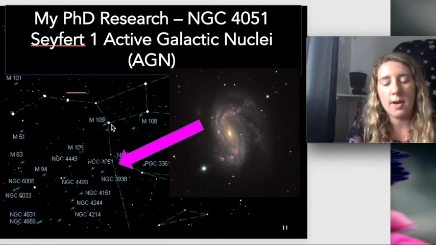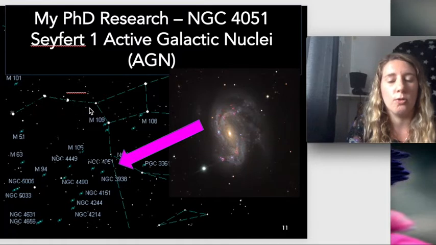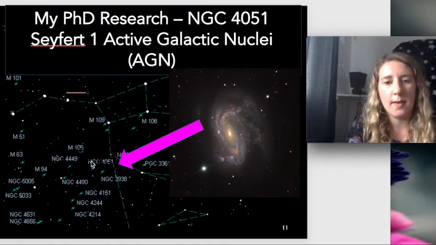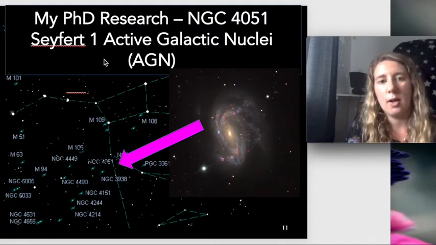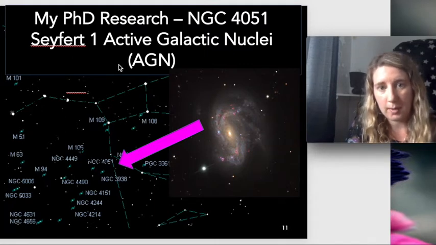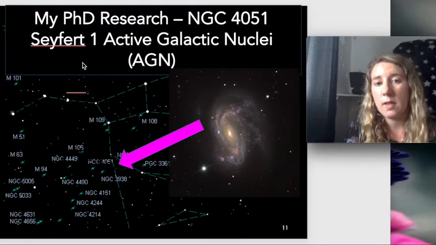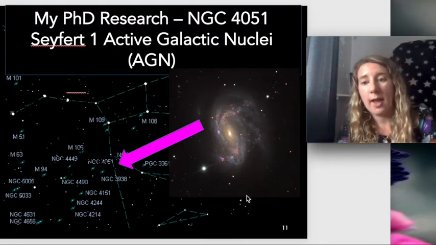and it can be seen in the region of sky very close to the Saucepan constellation, which you use to find the North Star. If you're lucky enough to have quite a big telescope, you would be able to see NGC 4051 just in this location here. You might notice that it's labelled as a Seyfert 1 AGN galaxy, which is a subtype of AGN that I'll explain more later, but basically it just means that it's quite radio quiet, so you wouldn't expect to see a jet when you look with a radio telescope.